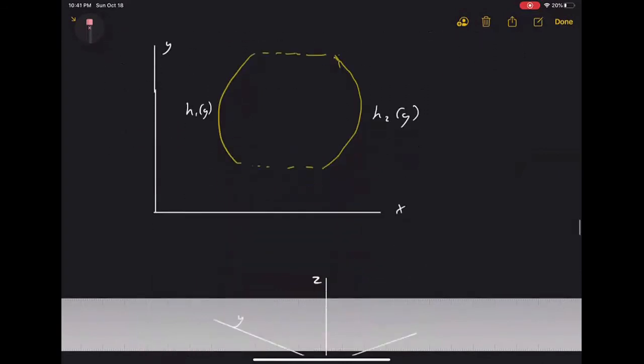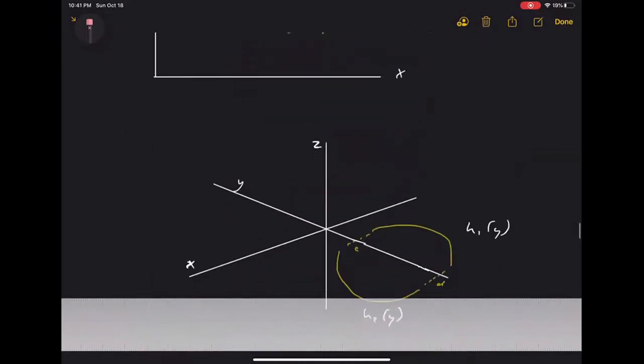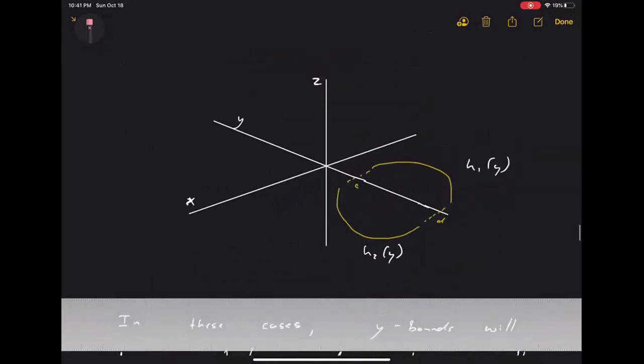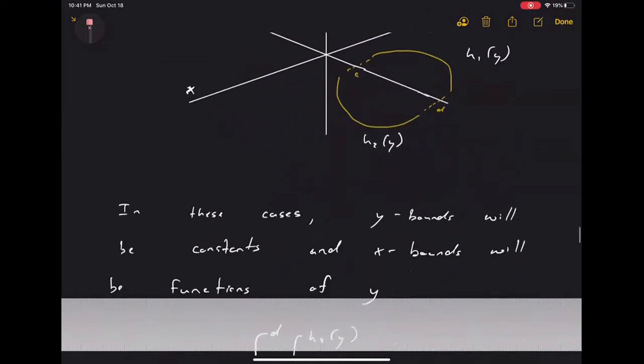So we have maybe a situation like this. And then again, if we're looking at our domain in the full three-dimensional plane, maybe it looks like this.